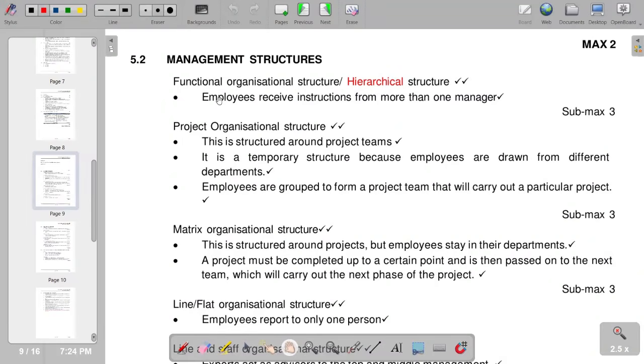The next part, we have management structures that we can have. We can have a functional organizational structure, which is the hierarchical structure. Then we also have project organizational structure, matrix organizational structure, and the line or flat organizational structure.